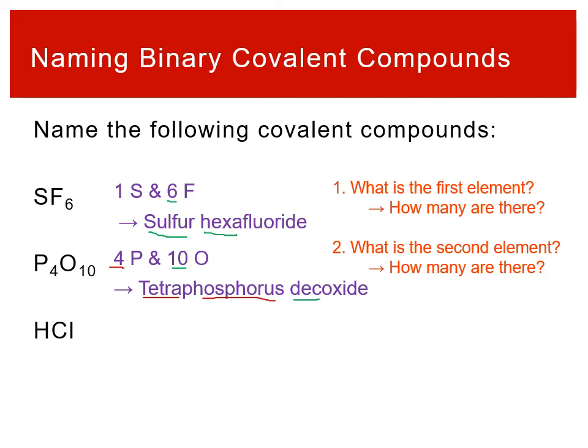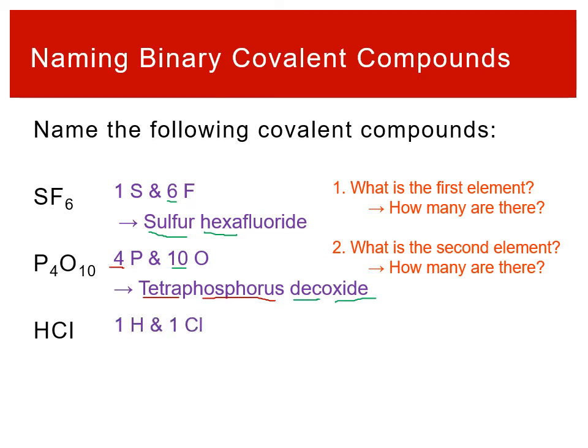And then the O is the oxide, which does need to get its name changed because it is the second atom. So it's a bit more complicated: tetraphosphorus decoxide. But the reason it's more complicated, with a lot more parts, is that you're conveying more information: not just that there's phosphorus and oxygen, but the number of each, 4 phosphoruses and 10 oxygens.